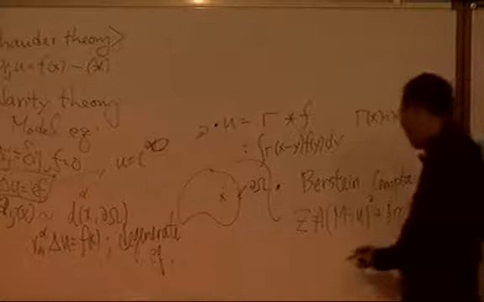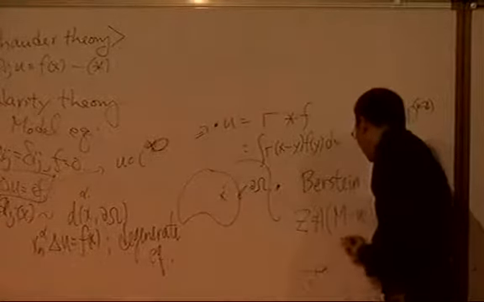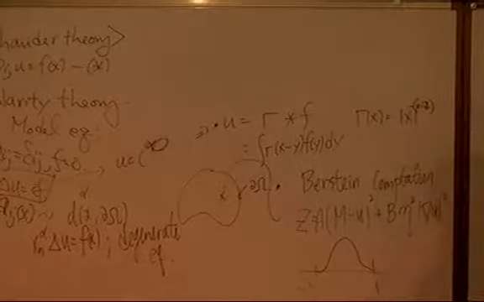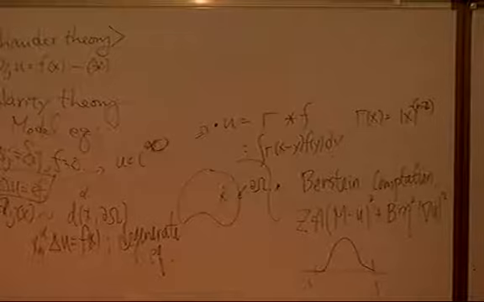Okay, and let's say eta is a cutoff function, here equal to 1. And then show the Laplacian of G is greater than or equal to 0. So G is a subsolution.